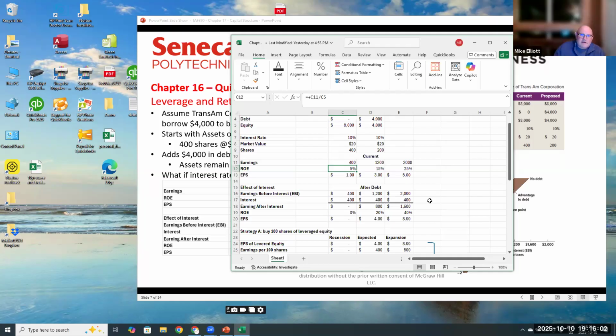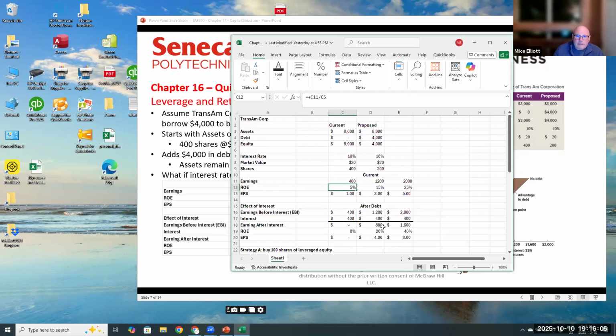In the other one, because it's $800 divided by 4,000 is 20%. So in the next case, we have $2,000 in earnings. We have $400 in interest. Earnings after interest is $1,600. $1,600 divided by the new $4,000 in equity is 40% equity.